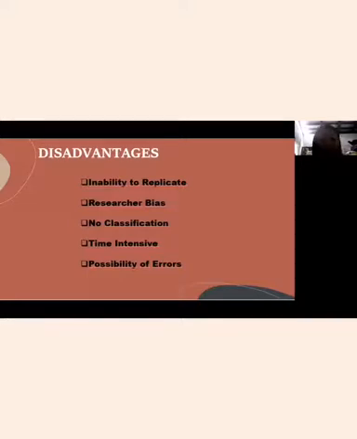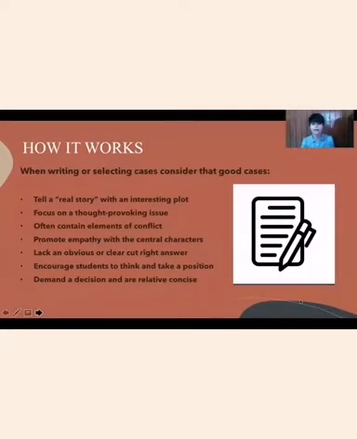Time intensive: this method takes a lot of time. And finally, the possibility of errors. This method is based on memory, and this can lead to errors, and that is the reason this method has these disadvantages.